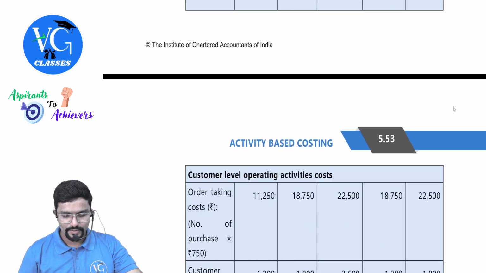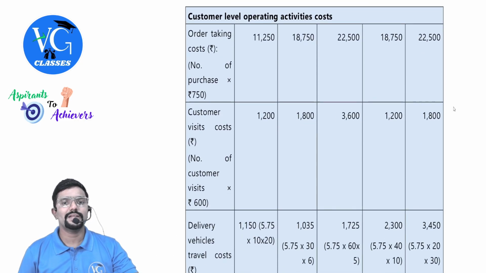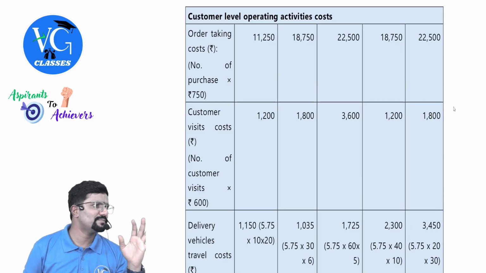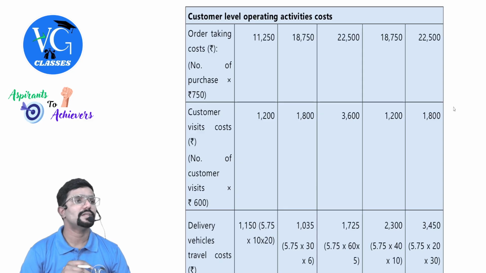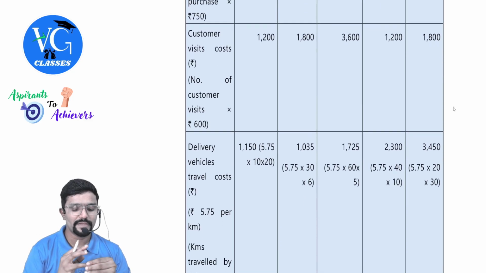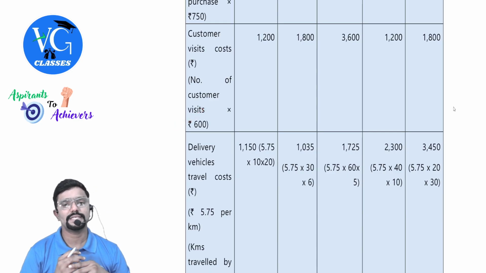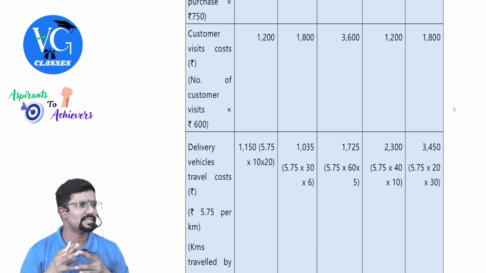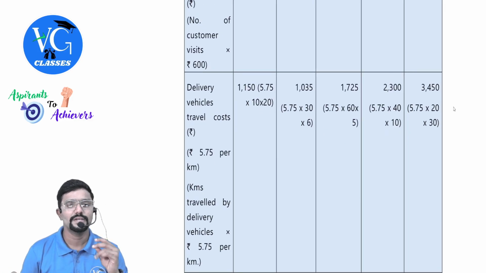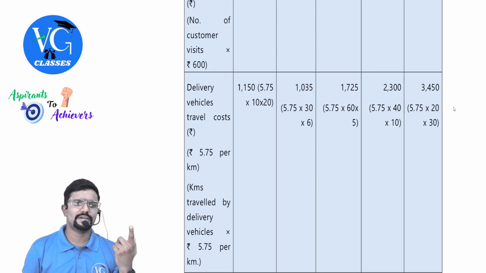Now coming to customer level operating activities cost. I already explained it, guys. 750 is given, multiply it with number of purchase orders. Then customer visits: number of customer visits is given into activity rate 600. You will get it for each of them. I already explained while covering the question itself. Now, delivery vehicles travel cost.